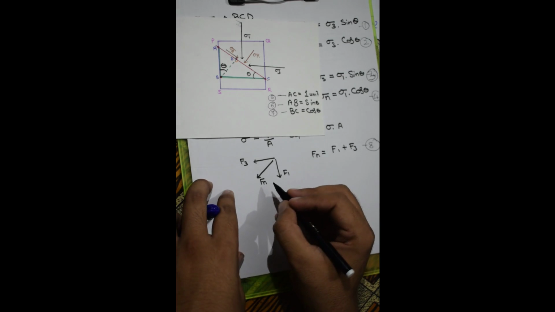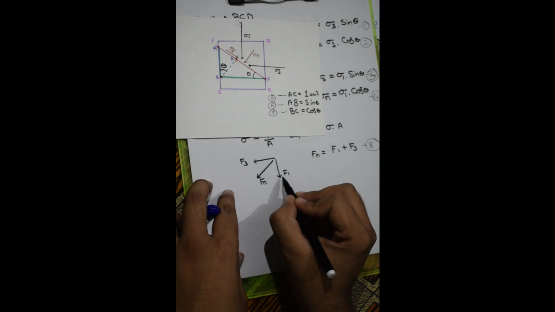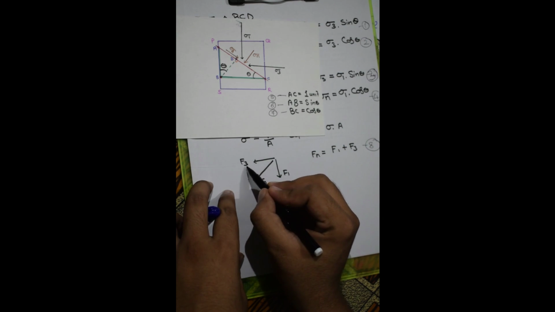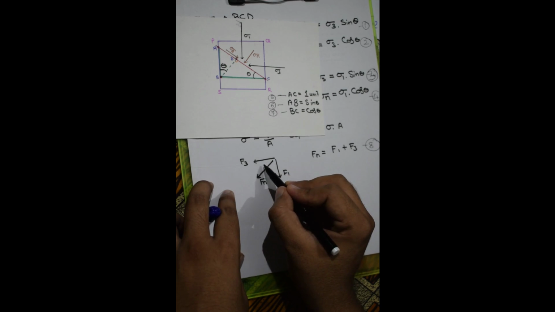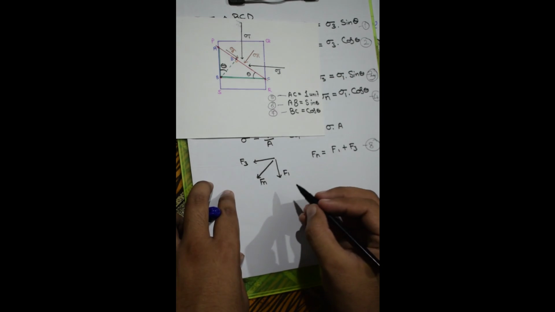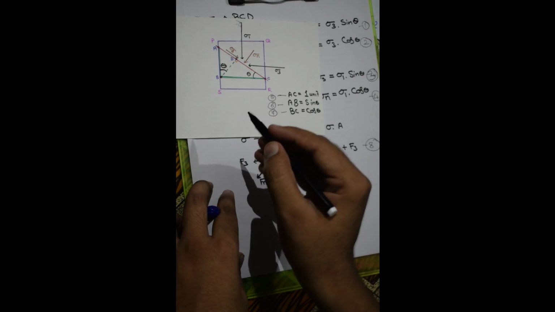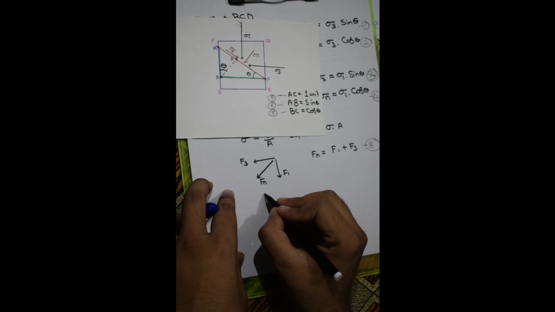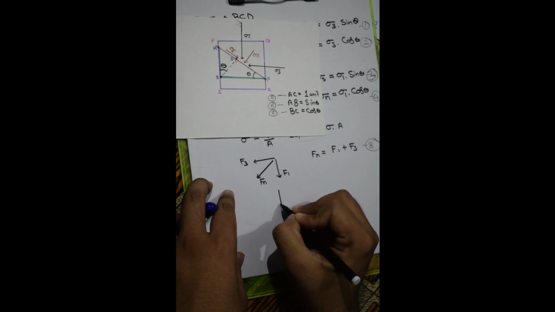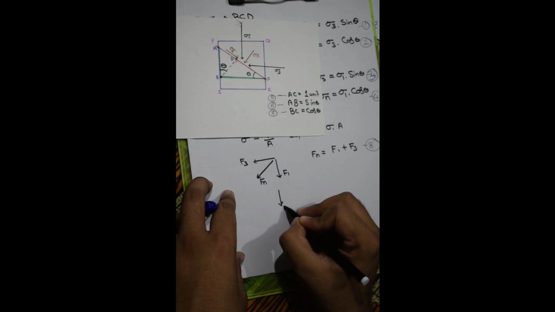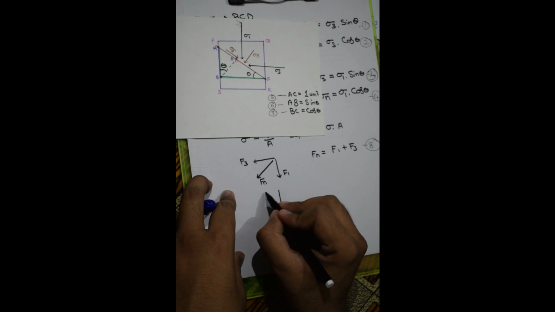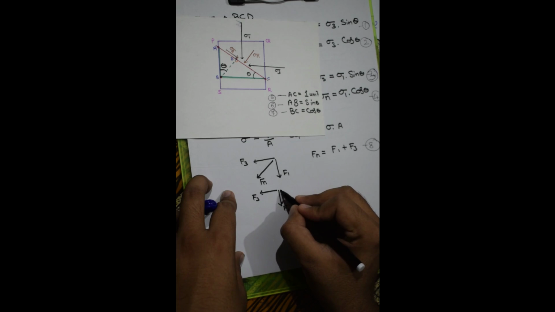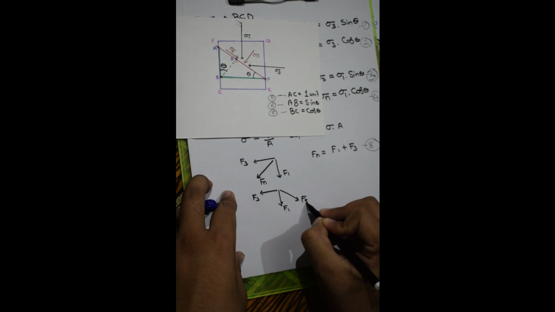Similarly, now I am going to tell you the relationship between F1, the force by the stress sigma 1, F3, the force by sigma 3, and Fs, the force that is being applied by the stress sigma s. Okay, so the orientation of F1 will be like this, the orientation of F3 will be like this, but the orientation of Fs is like this.